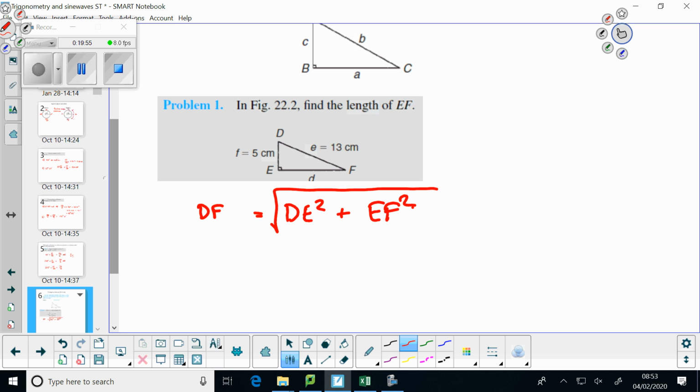How do we get rid of the square root sign? Square both sides. So df squared is equal to de squared plus ef squared.